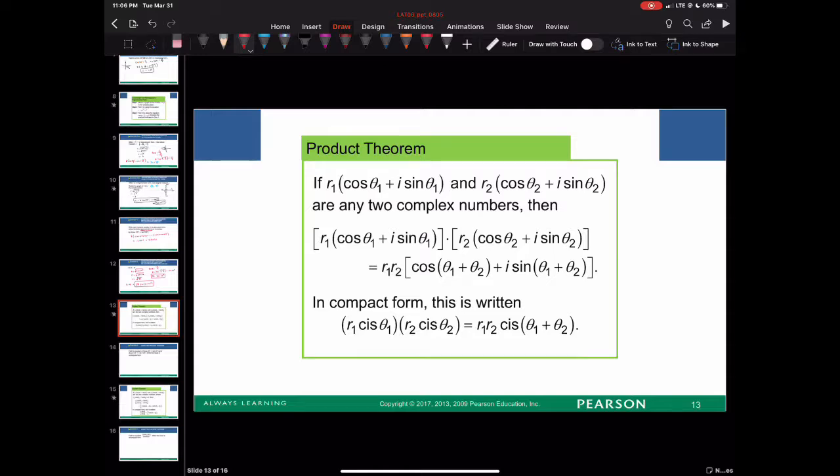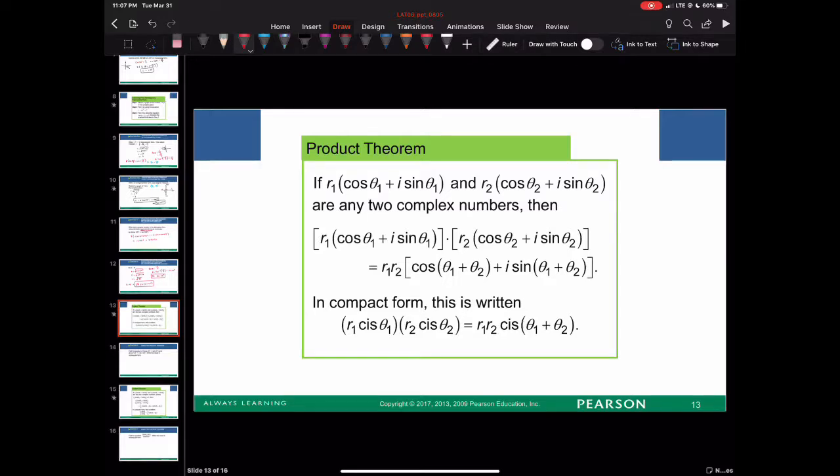It says if R1 times the cosine of theta 1 plus i sine theta 1 and R2 times cosine theta 2 plus i sine theta 2 are two complex numbers, then you take the two of those and you multiply them together. You multiply the two r's, R1 times R2.